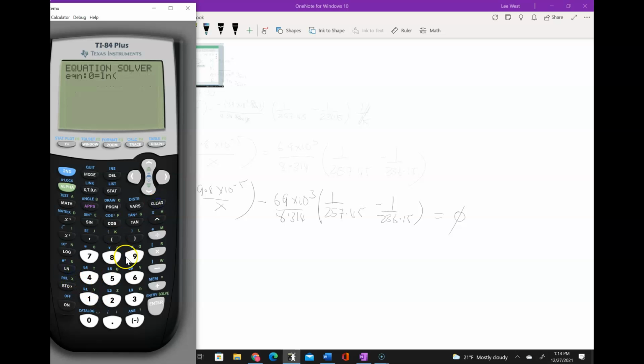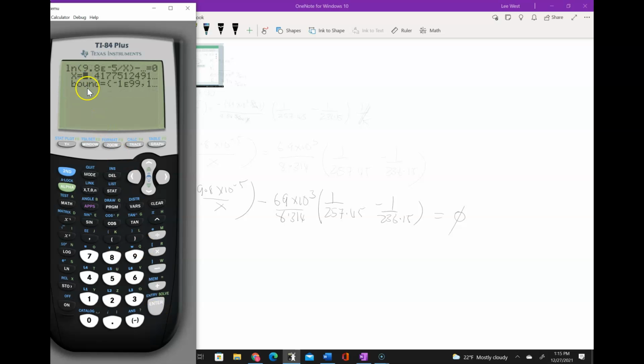So it is log of 9.8 by 10 to the minus 5 on x, which is what we're solving for, minus 69 by 10 to the 3 on 8.314 times parentheses 1 on 257.45 minus 1 on 236.15, and then close the parentheses.